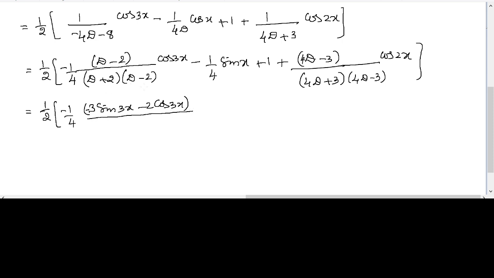Derivative of cos 3x is minus 3 into sin 3x, minus 2 into cos 3x, divided by d plus 2 into d minus 2, that is giving us d square minus 4. So we need to replace d square by minus a square. What is a? 3. So minus 9, d square, so minus 4 as it is.